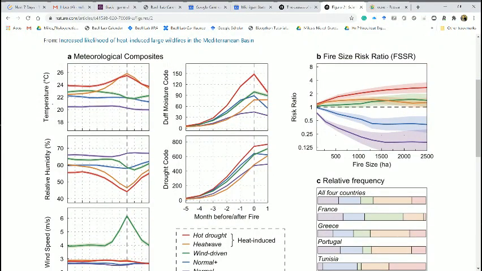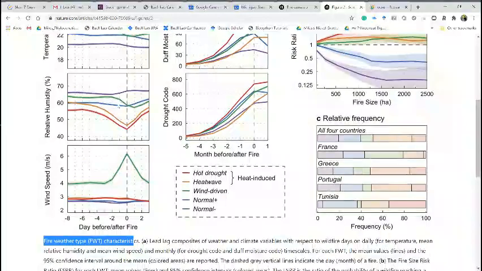Can see that fire weather, or fires that are caused by heat waves and hot drought, tend to occur in correspondence with increases in temperature. No surprise there. And see here, relative humidity.